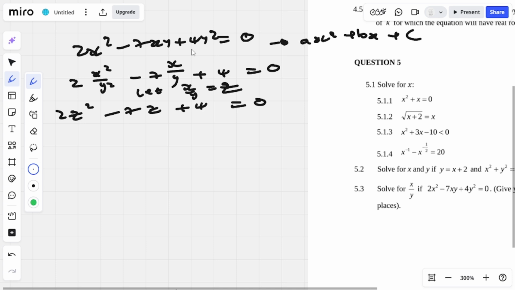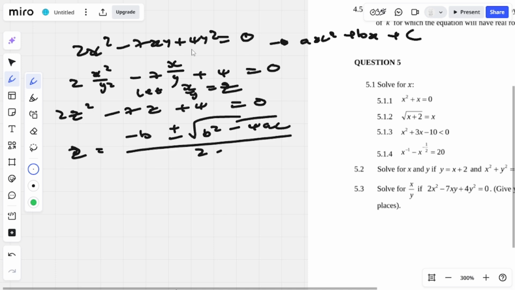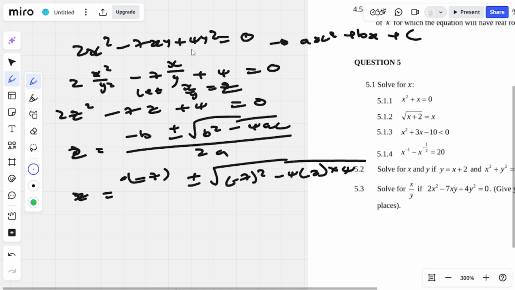Now after you've done that, you can now start to use your quadratic formula to answer it, right? Let's use this one of z, of which you're going to say z is equal to minus b plus or minus the square root of b squared minus 4ac, divided by 2a, right? So for my z answer, I'm going to input the minus 7, multiply that, and my b is minus 7 squared minus 4 times 2 times 4, divided by 2 times 2, right?